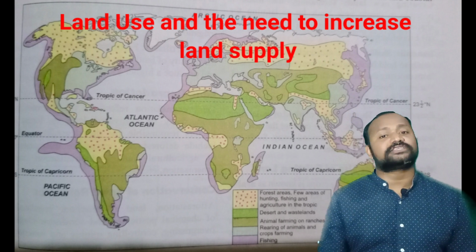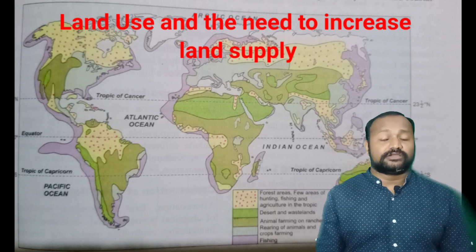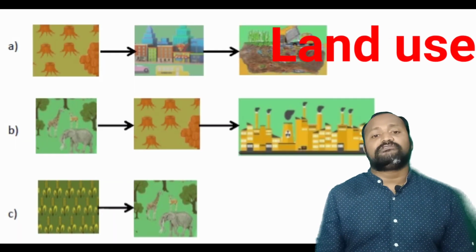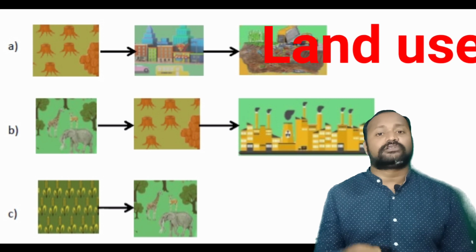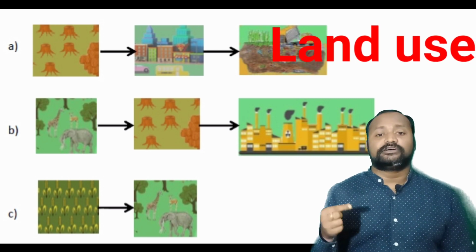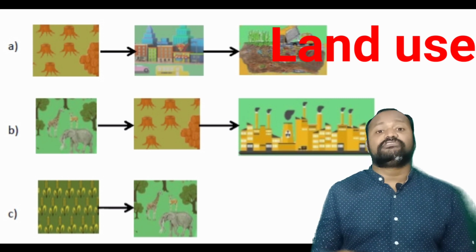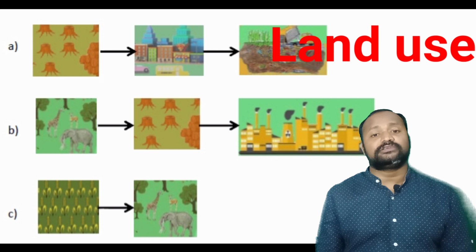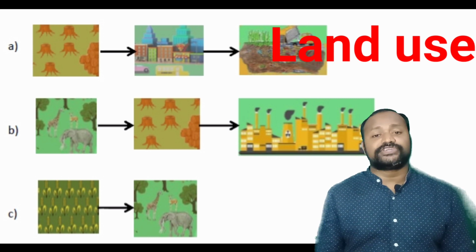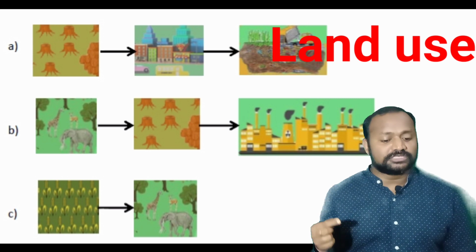First, let's discuss for what purpose we are using the land. We are using the land for agriculture, for mining, for extracting minerals, for construction of infrastructure, for settlement, for industries.